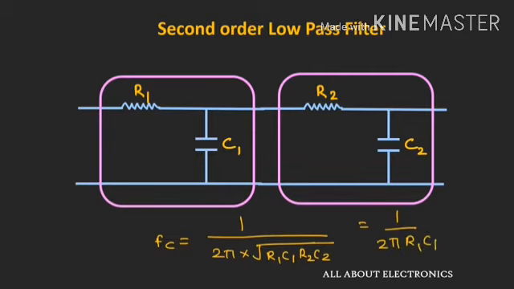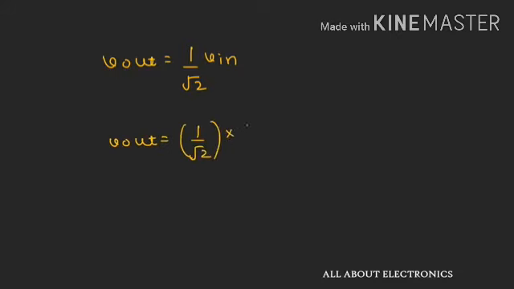Now as we go for higher order filters, the attenuation at the cutoff frequency will also increase. For the first order filter, as we had seen, the output is 1 over root 2 times the input at the cutoff frequency. Now if you go for the second order filter, then the output is 1 over root 2 into 1 over root 2 times the input.